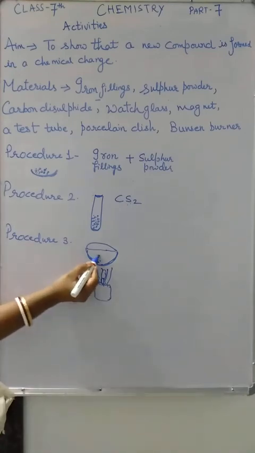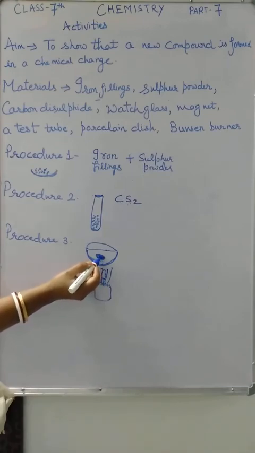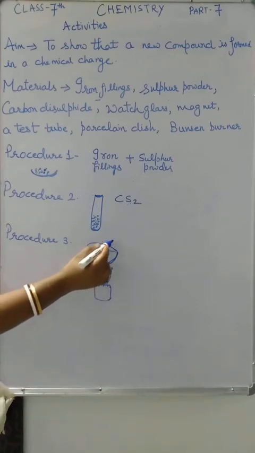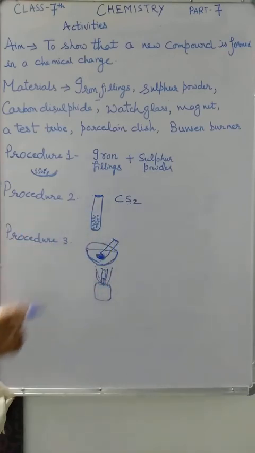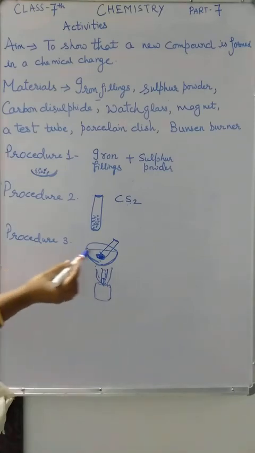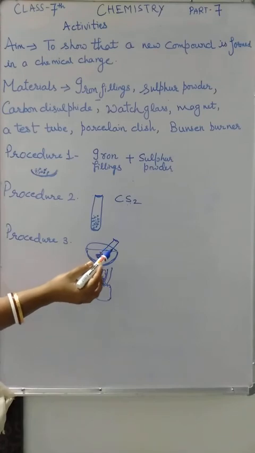Some solid substance will be formed. Now bring the magnet near the grey mass. We will observe that the grey mass does not get attracted to the magnet.